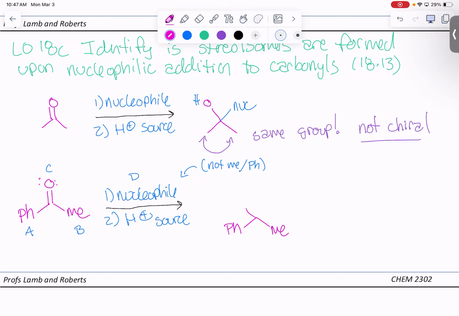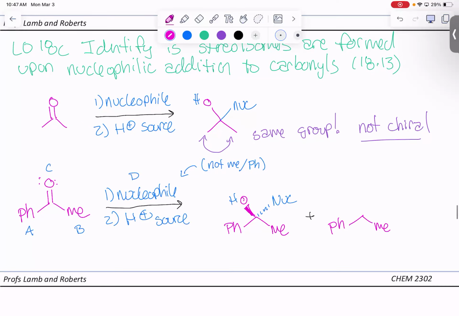So we can first have our oxygen as a wedge coming out. And then our nucleophile, we can say, perhaps added from the back face. And so now it is a dashed bond. And now we also need to say, what if our nucleophile attacked, instead of the back face, it came from the front face? We would get the other enantiomer.